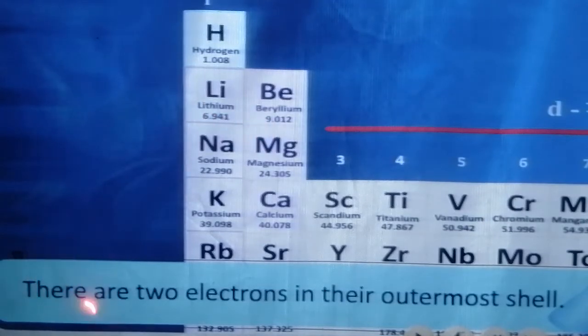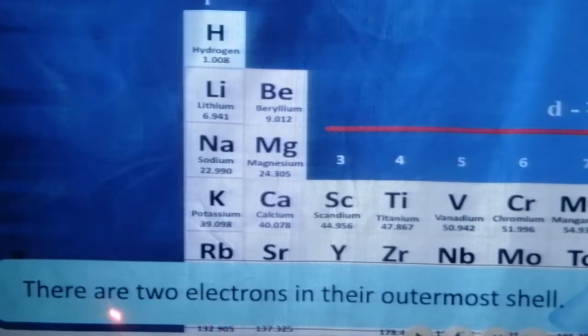What is the definition of valency? We learned last class. The electrons in the outermost orbit of the element are completed to achieve an octet. How many electrons it gives or takes from other elements, that is the valency.